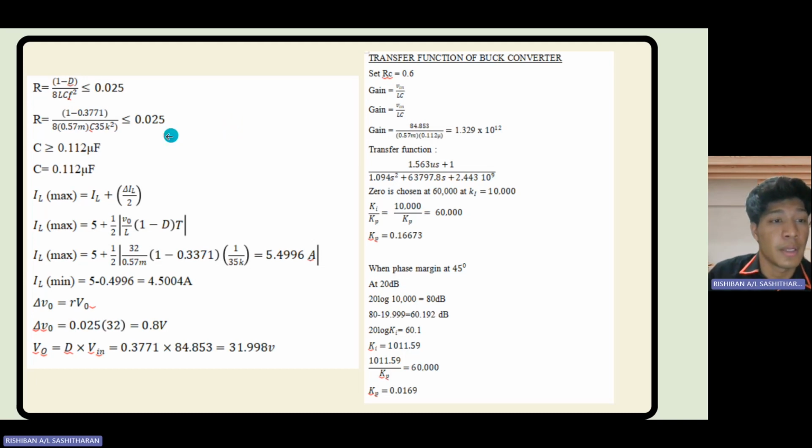And we put in all the calculated values, which are our D is 0.3771, our L is 0.57 millihenry, and our F is 35K squared. And then we can get the value of our capacitor, which is C 0.112 microfarad.